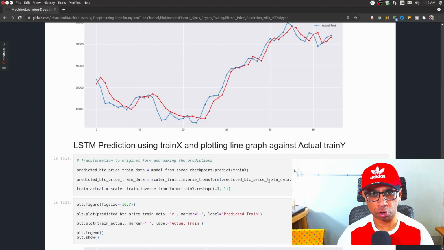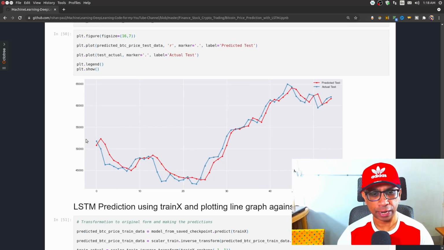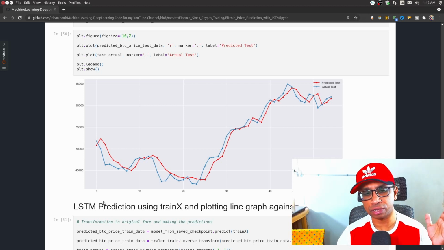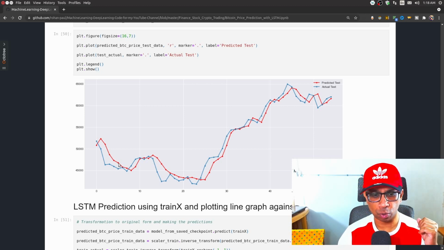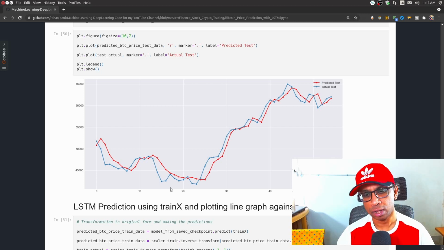Yes, so after the model was trained, for the entire training period of data, that is, I had data from 27th of October 2015 up to 30th October 2021, I got the predicted Bitcoin price, and this blue line was my actual ground truth, that is actual trading price of Bitcoin that was observed in the actual market.